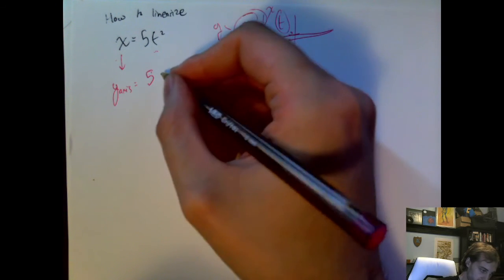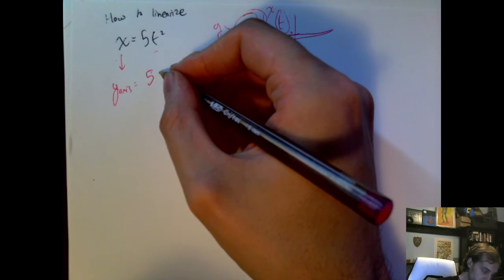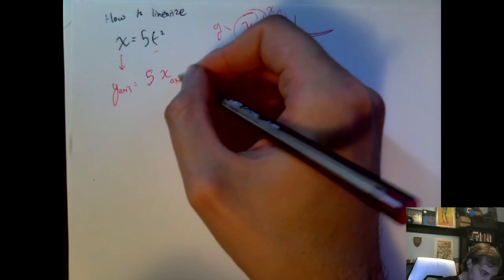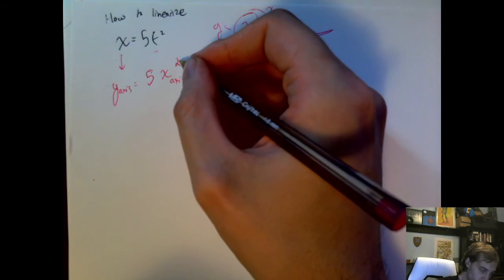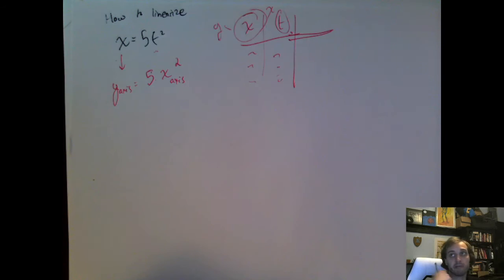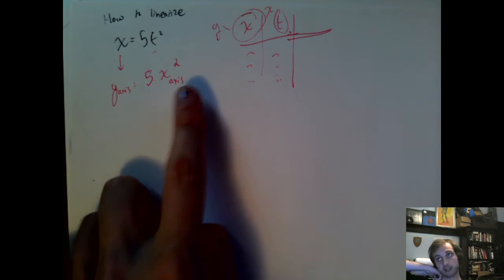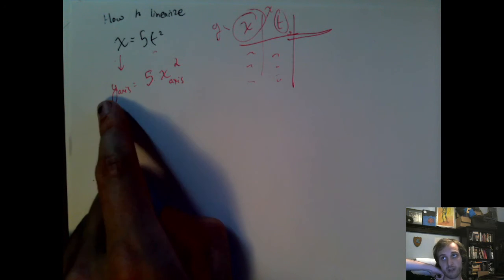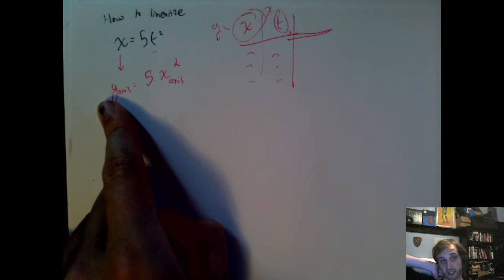I've got this 5 hanging around. The t is my x-axis, and that'll get squared and then multiplied by 5, and that should give me basically whatever my y is. If I take the thing I have on my x-axis and I square it, multiply by 5, that gives me my y-axis. That's what this equation says.